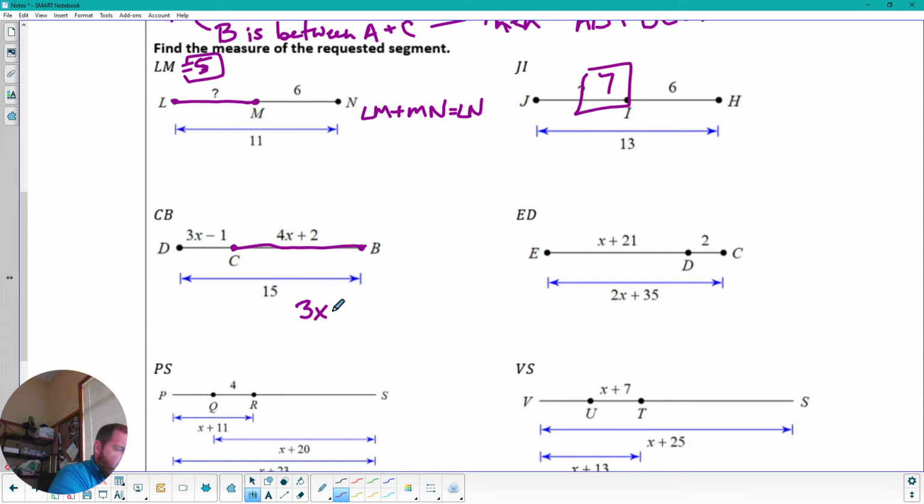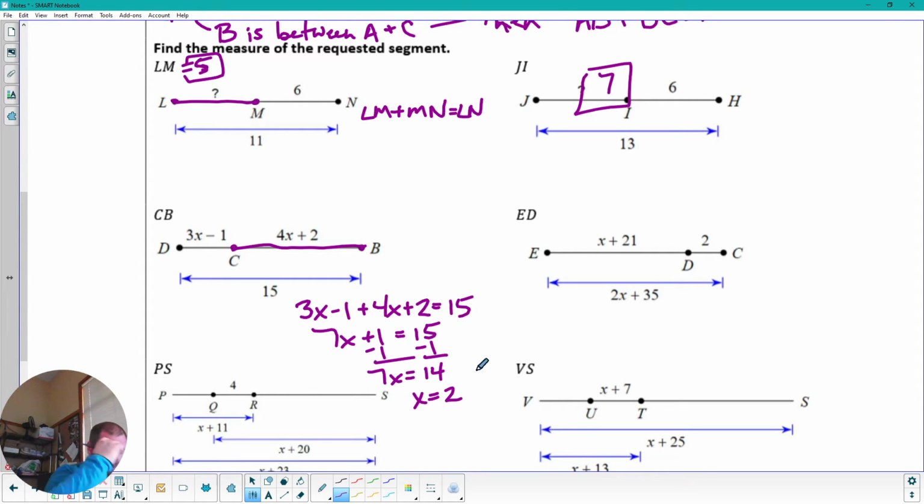So I get 3x minus 1 plus 4x plus 2 has to equal 15. Combine like terms, I get 7x plus 1. Pause there if you have to. It tells me 7x equals 14, which means x is equal to 2. 2 times 7 gives me 14.